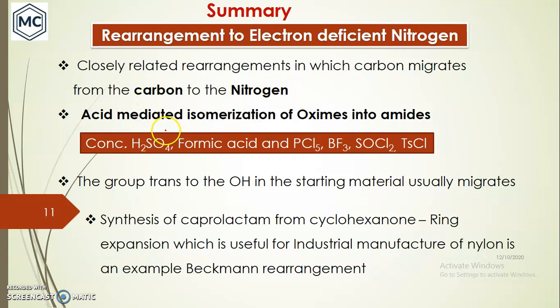Beckmann is the acid mediated isomerization of oximes into amides, and usually acids like concentrated sulfuric acid or formic acid, or PCl5, BF3, thionyl chloride, tosyl chlorides are used as reagents, and the group trans to the OH in the stereochemistry usually migrates. And one of the important applications of the reaction is the synthesis of caprolactam from cyclohexanone, a ring expansion reaction, which is useful for the industrial manufacture of nylon.